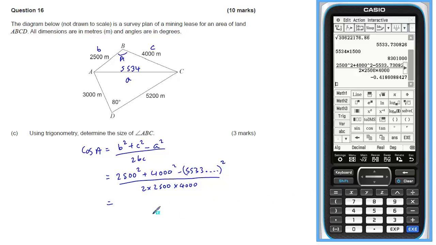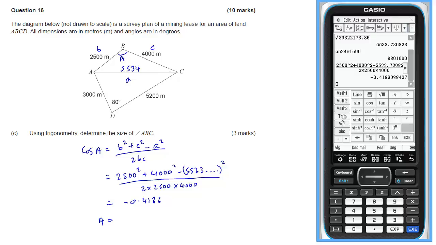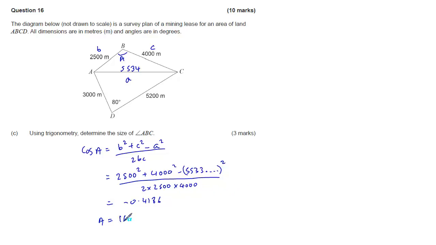So that's negative 0.4186. And so the angle is going to be the inverse cosine of that last answer. That gives us 114.75 degrees.